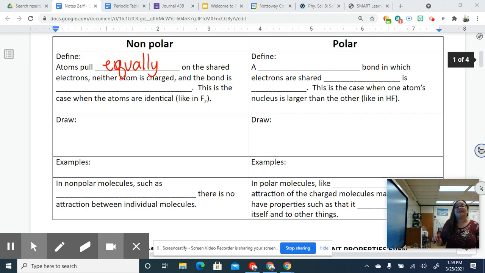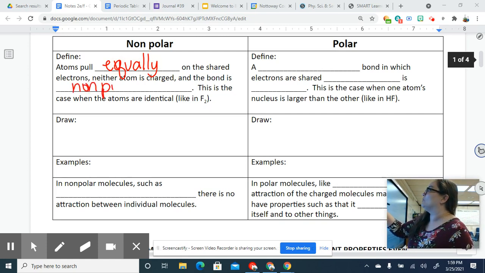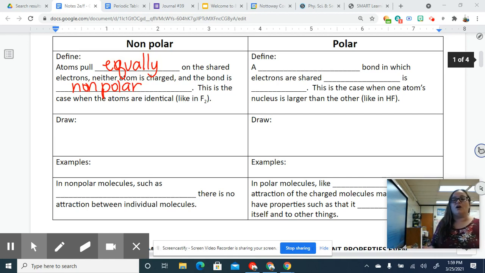So neither atom is charged. So that is a nonpolar bond. This is the case when the atoms are identical, like H2, O2, F2, Cl2, and nitrogen gas, N2. All of those are ones where it's pulling evenly.